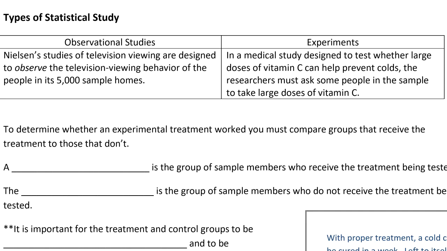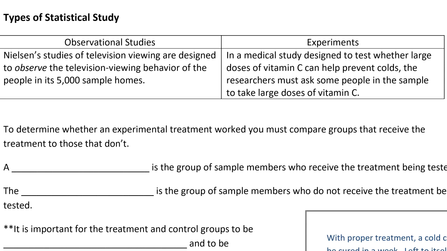All right, next up we're going to talk about the types of statistical studies. Observational studies are ones where you're just observing the sample to see what they do. For example, Nielsen studies of television viewing are designed to observe the television viewing behavior of the 5,000 homes.